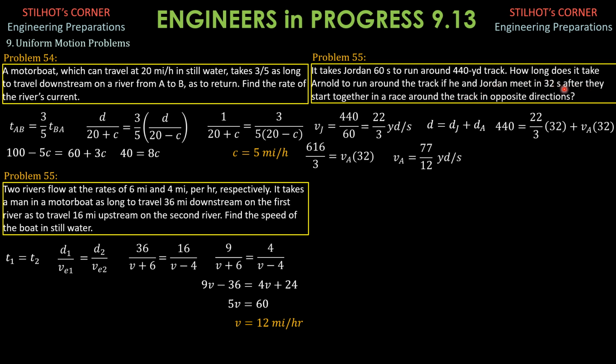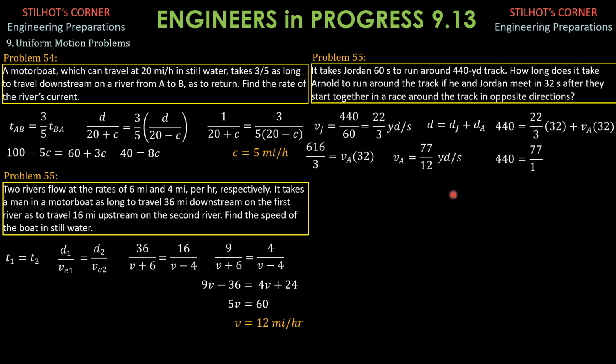Since the question is how long does it take Arnold to run around the track if he and Jordan meet in 32 seconds after they start together in opposite directions, and the speed of Arnold is now known, we compute the time. Distance equals speed of Arnold times travel time of Arnold for this 440 yards.